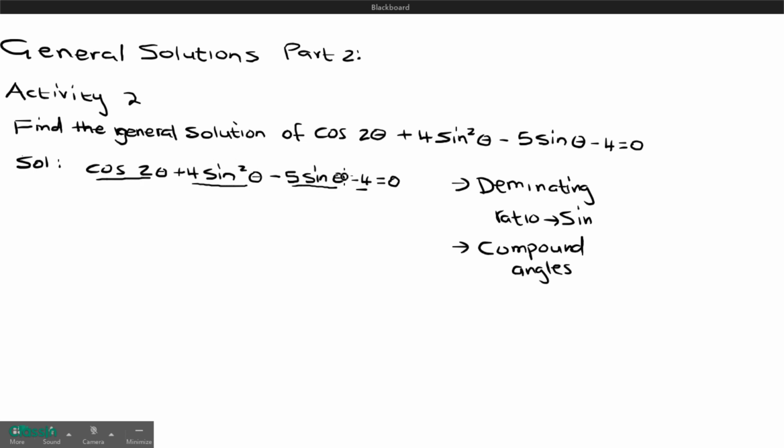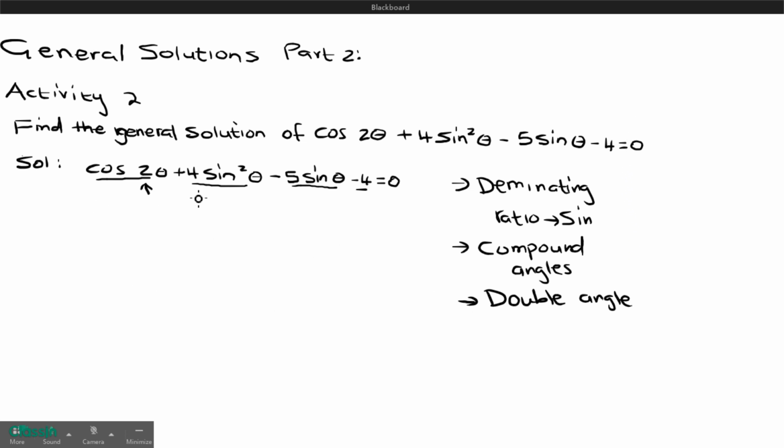We have a ratio which is sine, and we have cos 2 theta. What is cos 2 theta? Because of the position of the 2, cos 2 theta is a double angle.